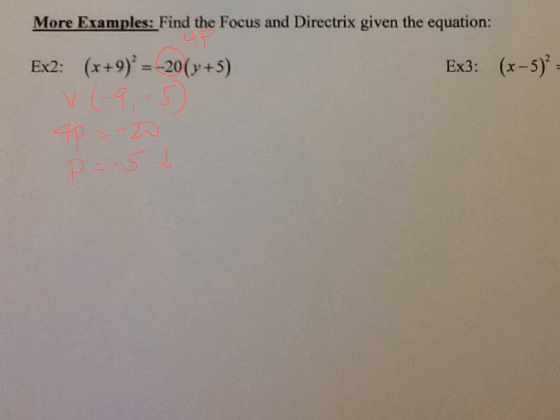All right, so now let's draw a picture. Now notice my vertex is (-9, -5), and I'll be moving down 5. So I am going to draw my picture all the way over here on the right-hand side because I need to go all the way out to the left side to -9, and I have to go pretty far down to -5. All right, so let's do this right here.